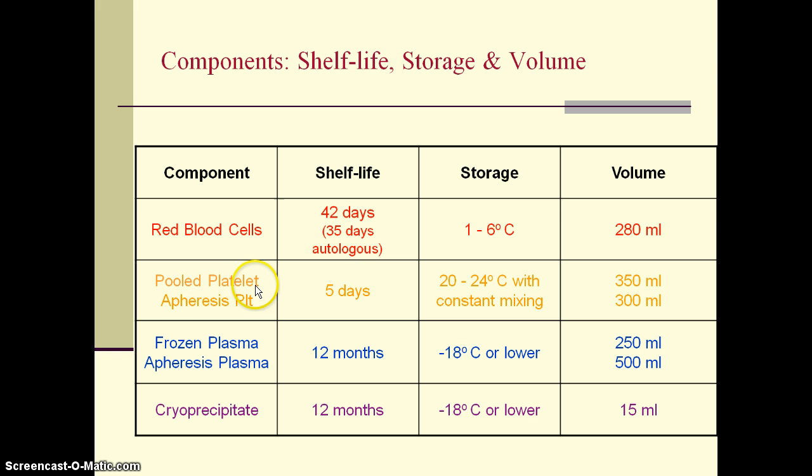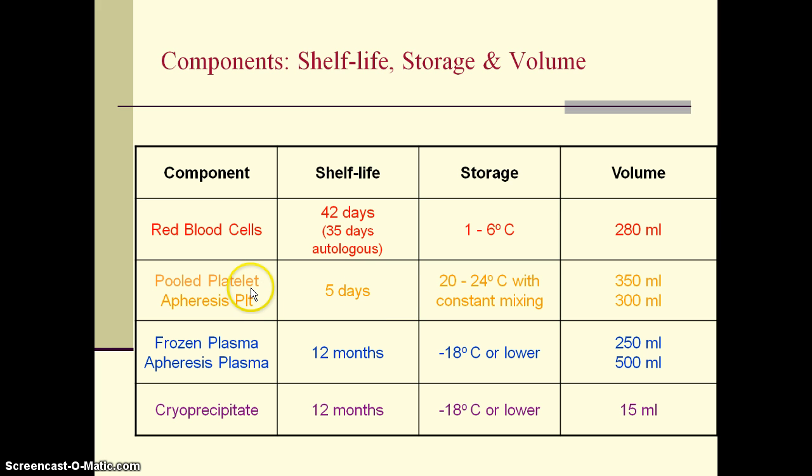Now, pooled platelets come from whole blood donations, with platelets from 4 different people pooled into one bag. An apheresis platelet is a single donor platelet donation. Regardless of whether you're dealing with a pooled platelet unit or an apheresis platelet unit, platelets are stored at room temperature with constant mixing to allow gas exchange between the platelets and the environment, and have only a shelf life of 5 days.